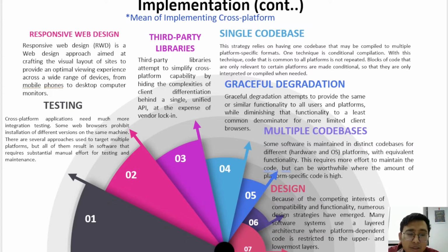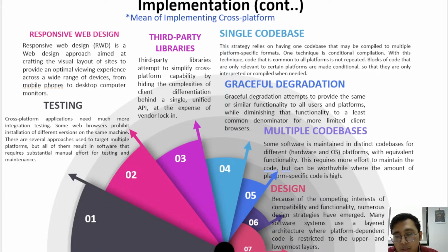However, there are several approaches that can be used to target multiple platforms, so we don't have to do the tests all over again. But all of them result in software that requires substantial manual effort for testing and maintenance, so it also comes with disadvantages.